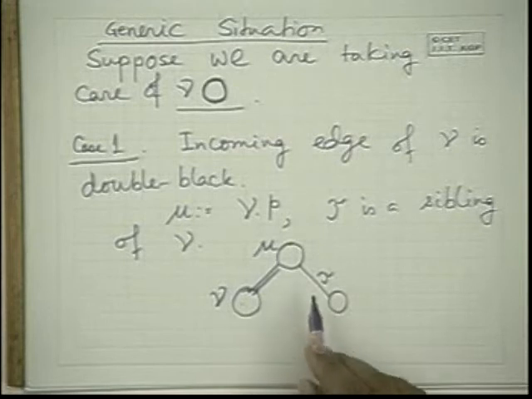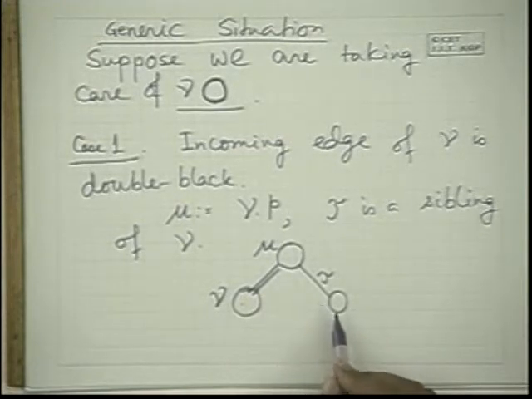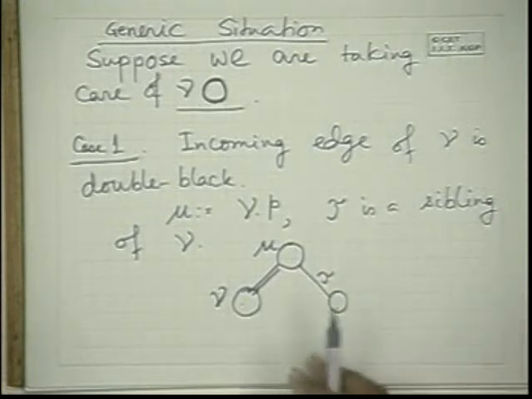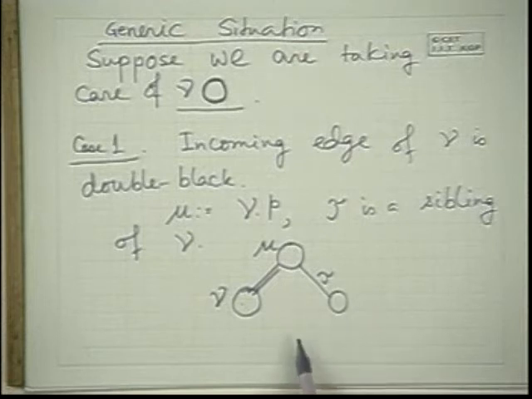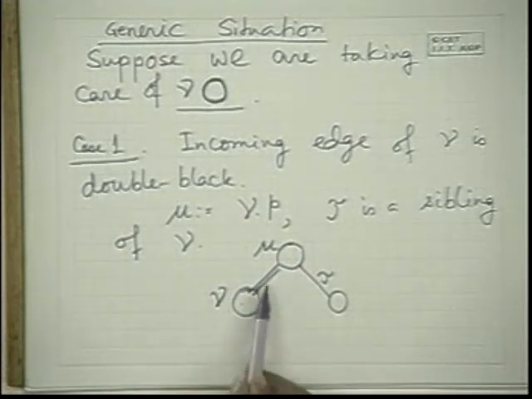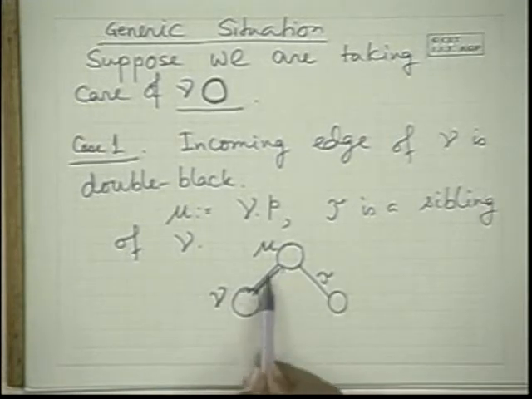Now the first condition is, I say that tau cannot be a leaf. Can you tell me why that is true? The thing here is that there is a double black edge.